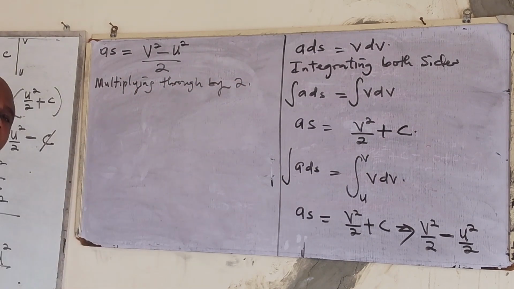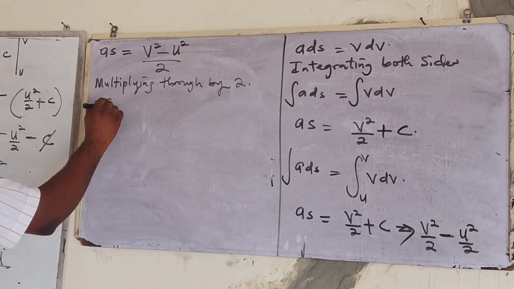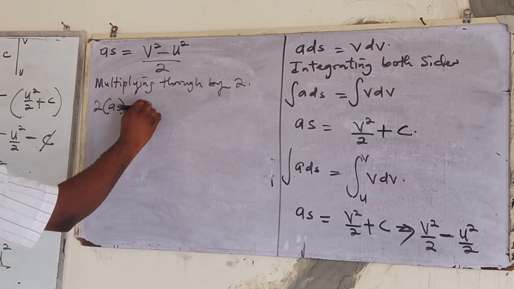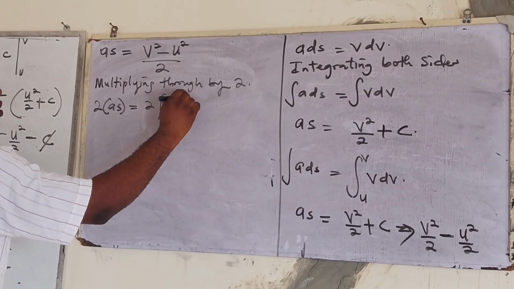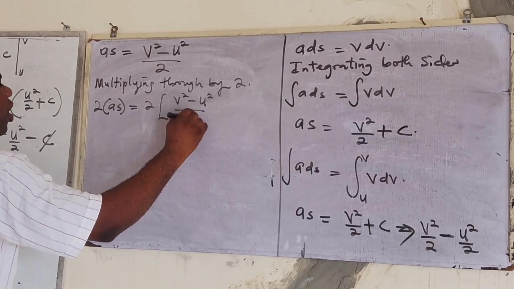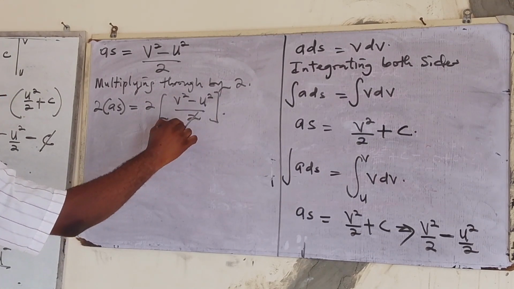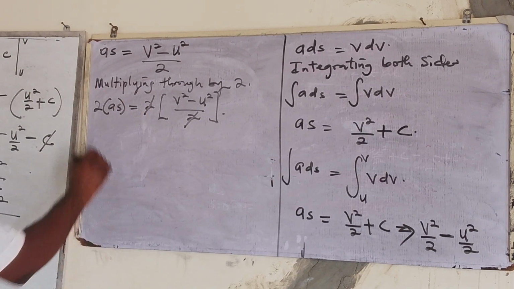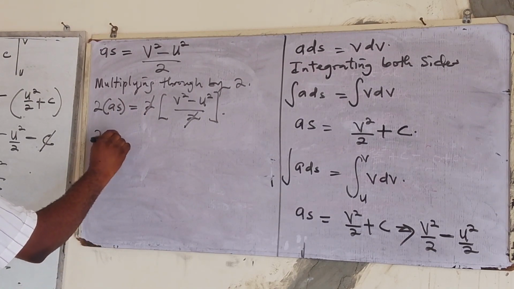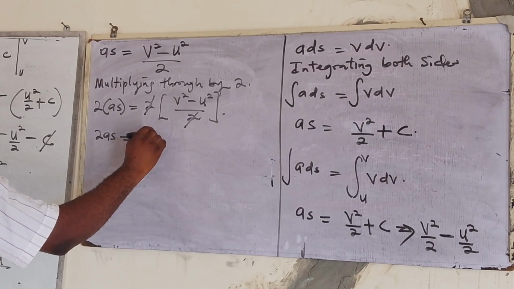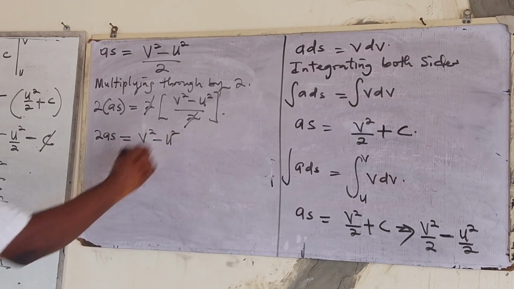We have 2 times as is equal to 2 times v squared minus u squared all over 2. Those 2s will cancel, and you'll be left with 2as is equal to v squared minus u squared.